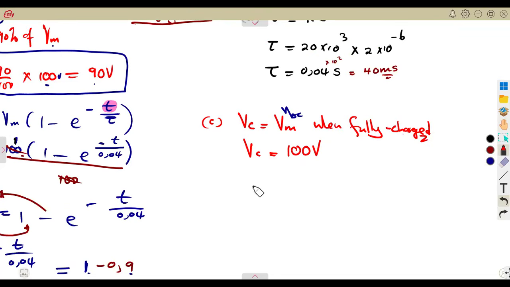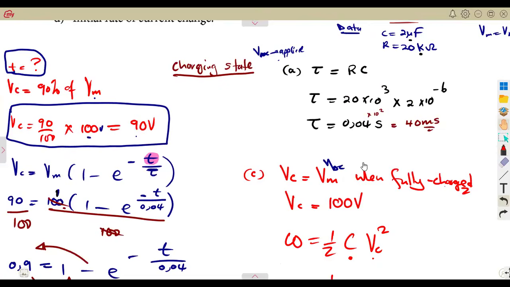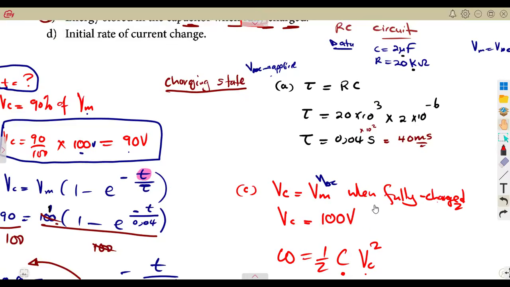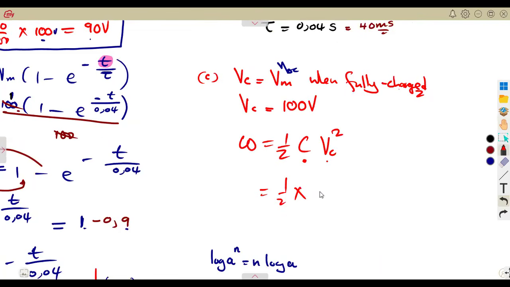So that's it, guys. We're going to calculate our energy. That's half, and half is simply 0.5. So it's half of C times V squared, where V is the voltage of the capacitor. So it's half of the capacitance value. What is our capacitance value? That was 2 microfarad, so that's 2 times 10 to the exponent of negative 6, times VC, which is 100 volts, squared.